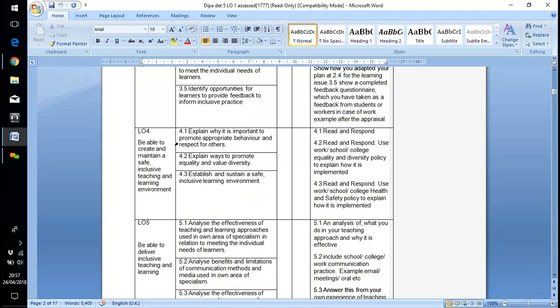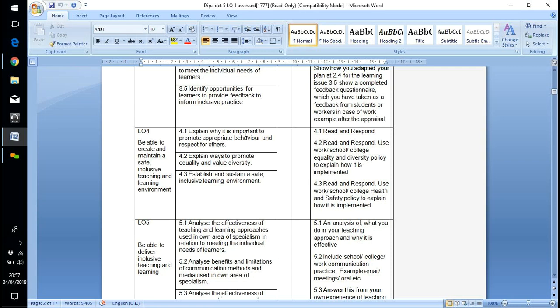Coming back to LO4, it's explain why it's important to promote the appropriate behaviour and respect for others. The school will have, or most schools have, some sort of disciplinary procedure, if you like. It depends again on the groups that you're dealing with.